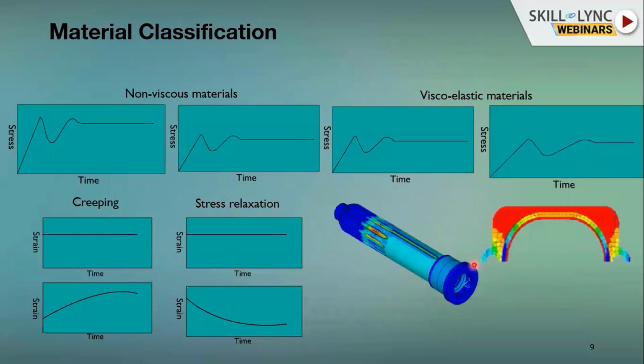There are also other materials which you can talk about, viscous materials. Your stress keeps changing with respect to time. For example, the bushes that you use to place an IC engine onto the chassis in a particular vehicle, some kind of special metallic bushes.